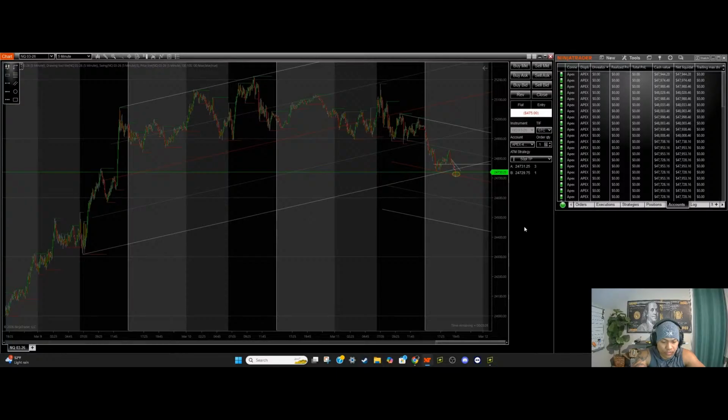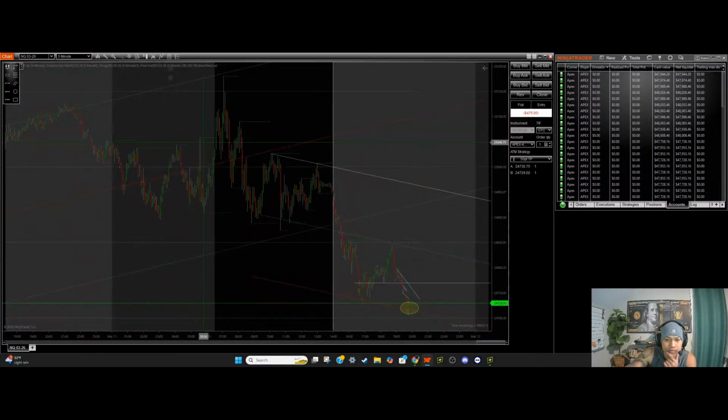Hmm. Our break and retest is all the way back up at 780. Yeah, so our break and retest would be this guy right here. We broke these pivot points, just like that.